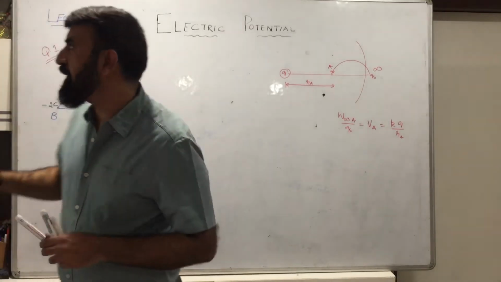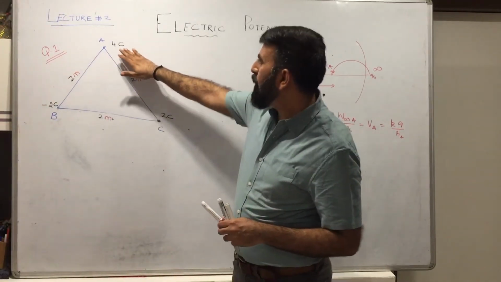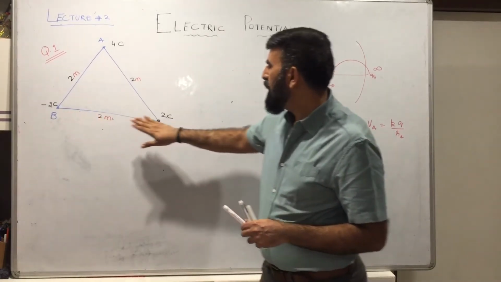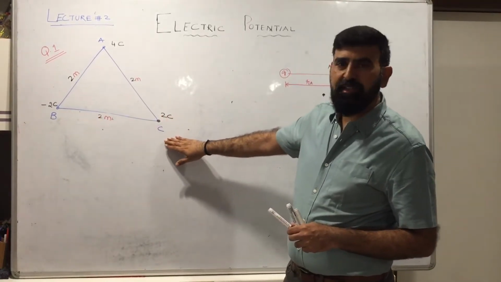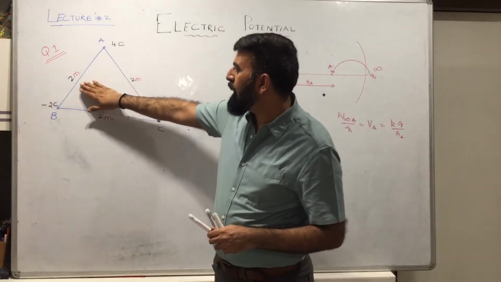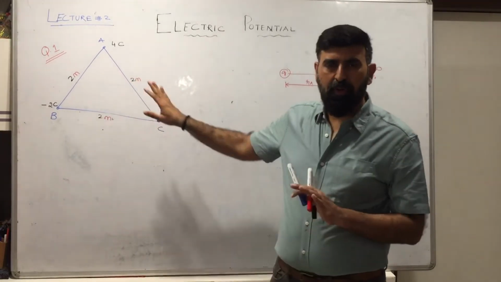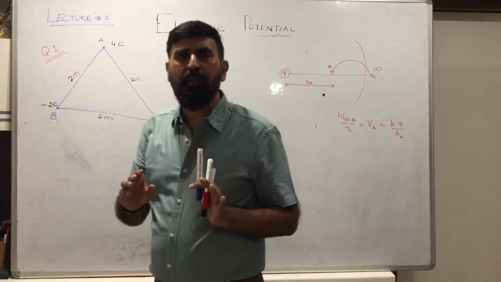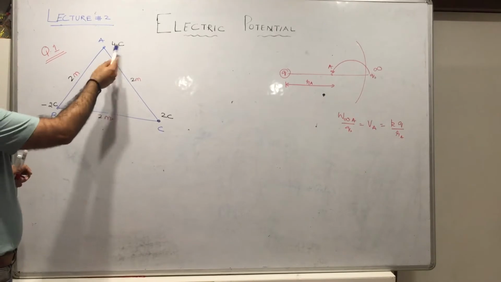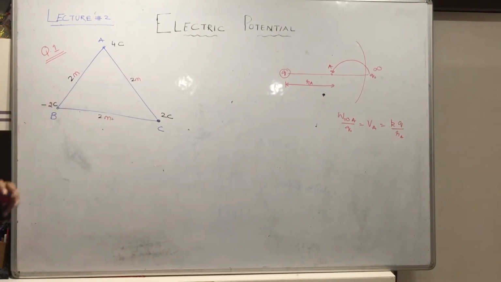I've taken three charges: a 4 coulomb charge at A, a minus 2 coulomb charge at B, a 2 coulomb charge at C on an equilateral triangle of side 2 meter each. For convenience, I have taken only the SI system. Although 4 coulomb is a huge charge, still I have taken 4 coulomb charge.